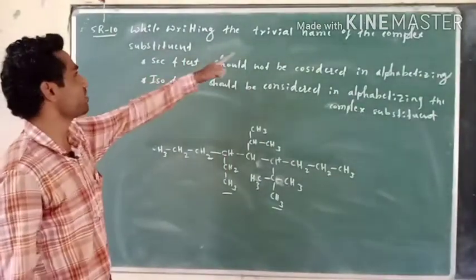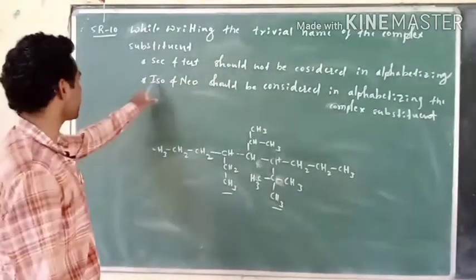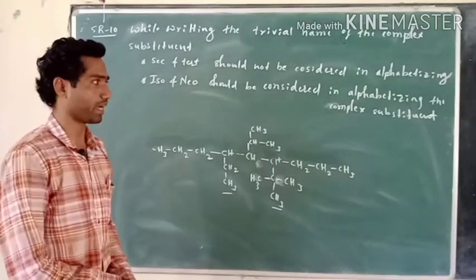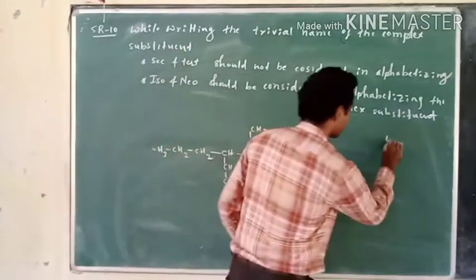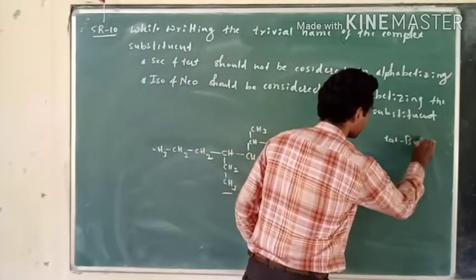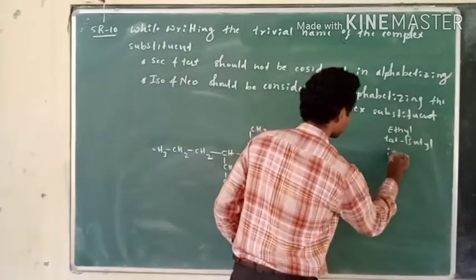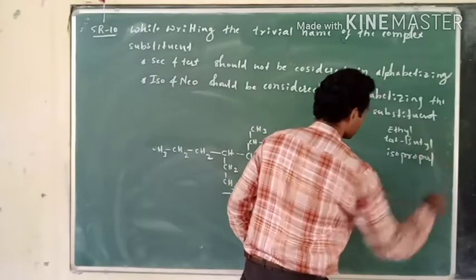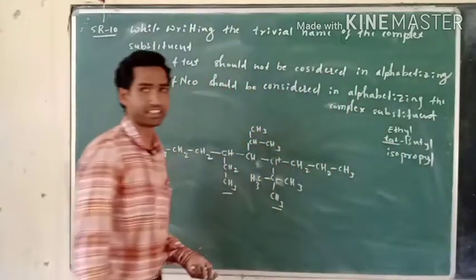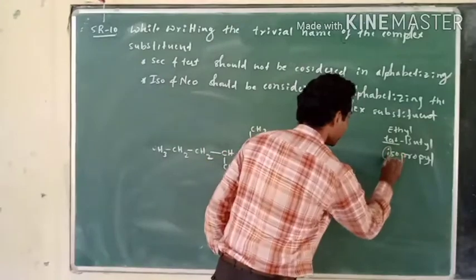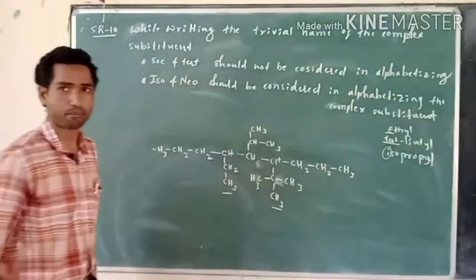So while writing the trivial name of the complex substituent, secondary and tertiary should not be considered in alphabetizing, and iso and neo should be considered in alphabetizing the complex substituent. Therefore, tertiary butyl, another one is ethyl, another one is isopropyl. These are the three substituents. So tertiary, I am not supposed to consider T as a first letter, so I should consider B as the first letter. For the simple substituent like ethyl group, E is the first letter, right?